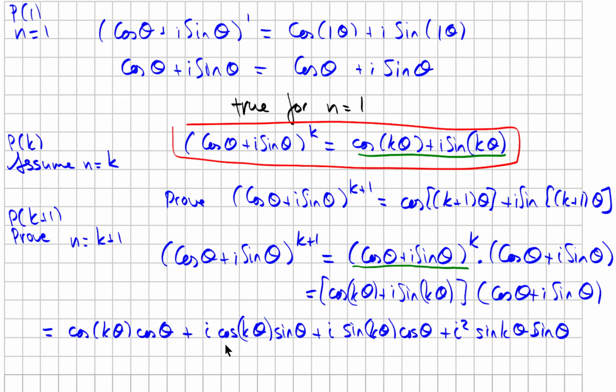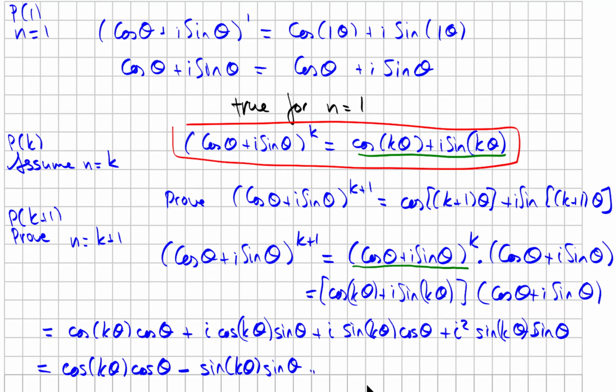Now let's collect the reals and collect the imaginary. This is a real term. This is an imaginary term because it has an i in it. This is an imaginary term because it has an i in it. And i squared is minus 1, so this is a real term. So remember that i squared is minus 1. Grouping the real terms first, I've got cos k theta cos theta, and then i squared is minus 1, so minus sin k theta sin theta.